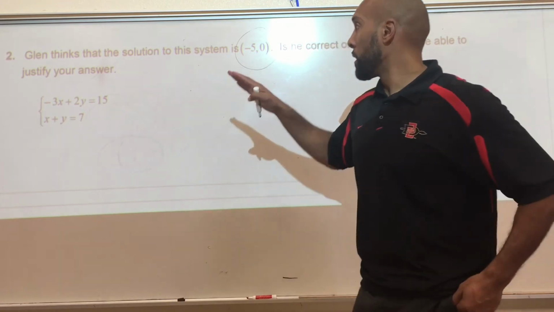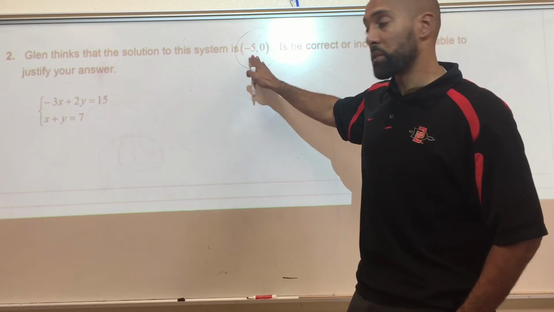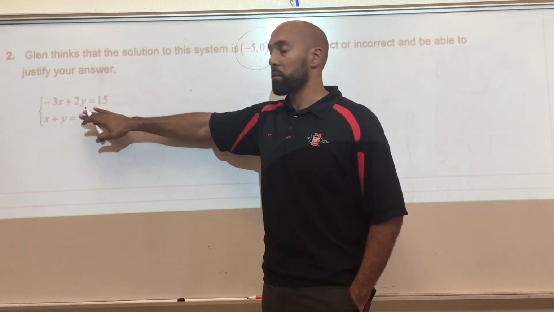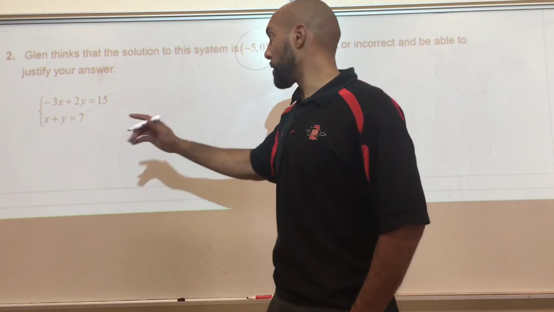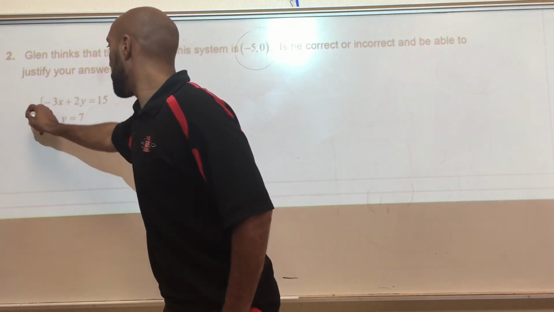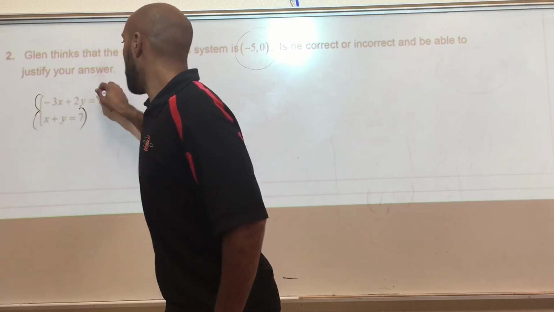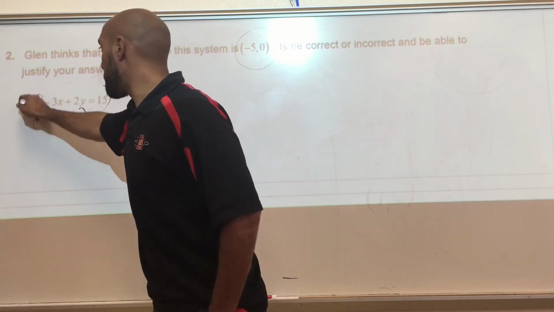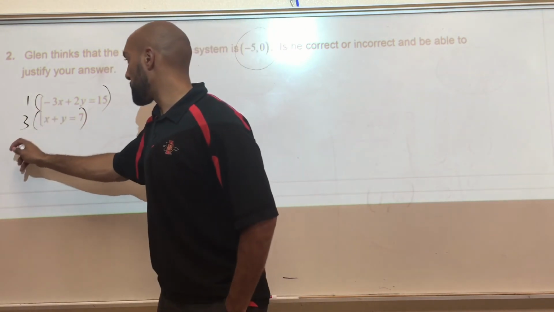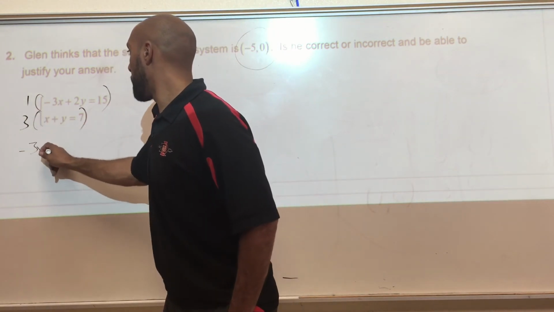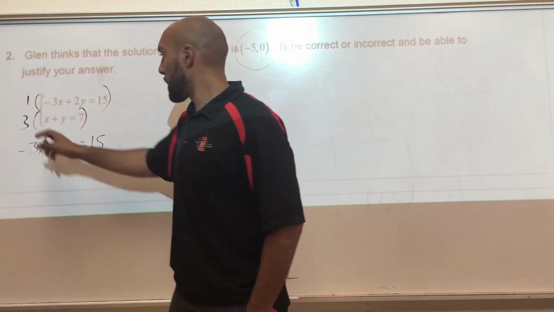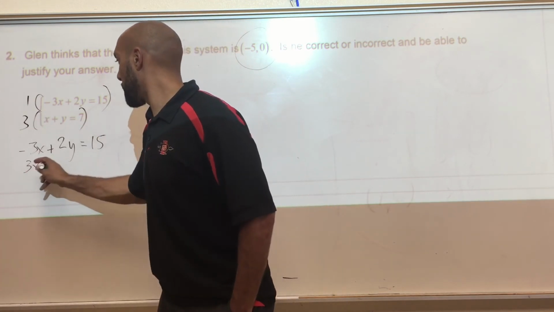Okay, in order for a point or your answer to work for these 2 equations, they need to be able to make both of these equations true. And I'll show you how to do that. Now again, I can just solve this. I can multiply this times 1, this times 3, change the equations to negative 3x plus 2y, that one doesn't really change, and then also multiply here.